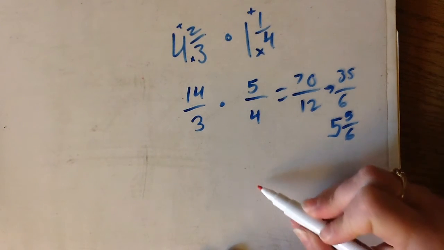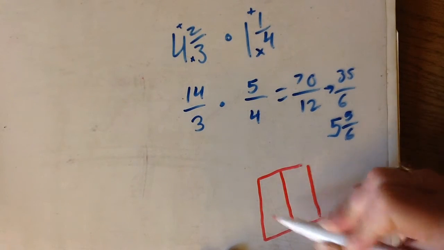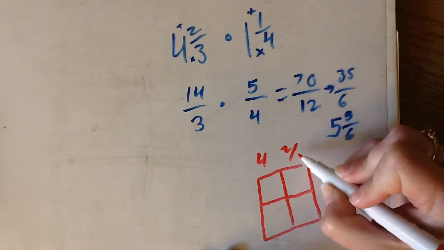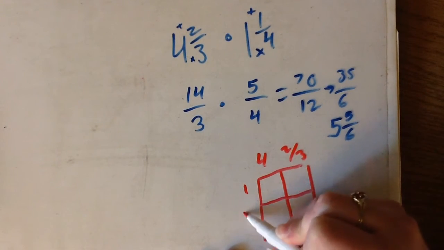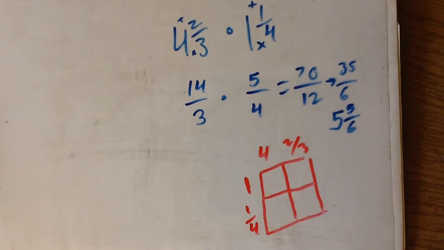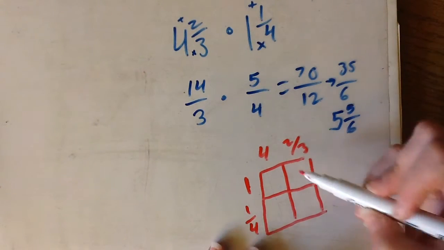So if I think of a Punnett square, there's a 4 and a 2/3 and a 1 and a 1/4. Everything needs to be multiplied by everything. This is one of the reasons why you do want to turn it into improper fractions, because doing this is going to be a lot, but let's try it out.